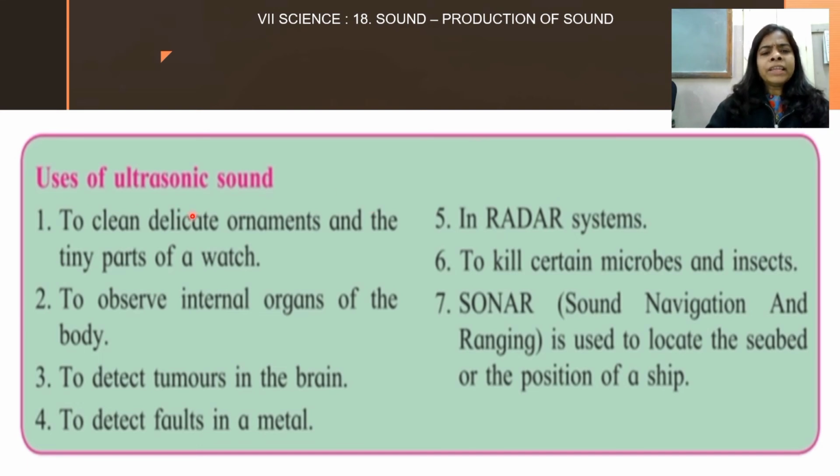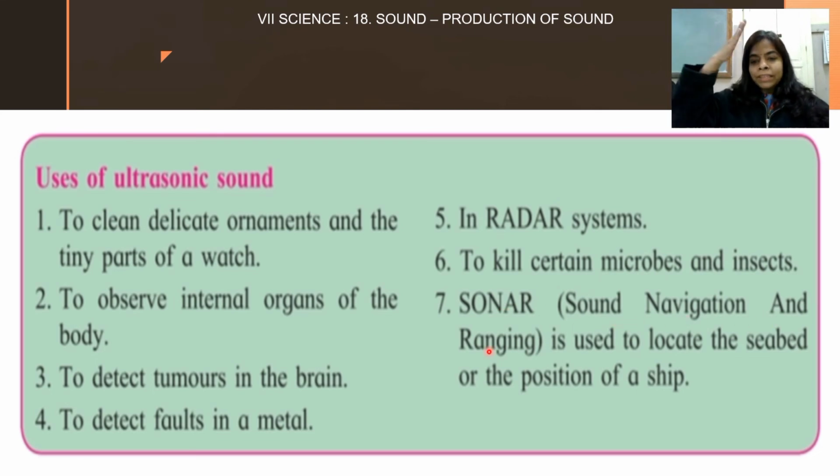Now, what are the uses of ultrasonic sounds? To clean delicate ornaments and tiny parts of a watch, to observe internal organs of the body, to detect tumors in the brain. We are using ultrasonic sound, children, the ultrasound machine which I showed there, to detect faults in the metal, in radar systems, to kill certain microbes and insects, and sonar, sound navigation and ranging.